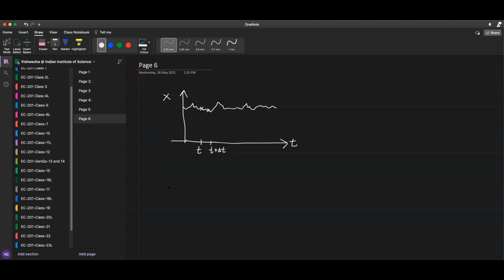So what is autocorrelation? Usually when we think of correlation, we think of correlation between two different quantities. But autocorrelation is basically correlation between the same quantity x, separated by time.